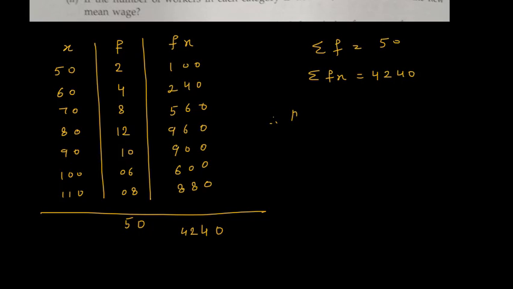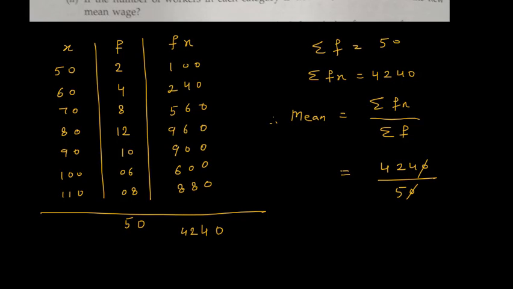Therefore mean, the formula for mean is summation of Fx upon summation of F. So this is equals to, now 4240 divided by 50.